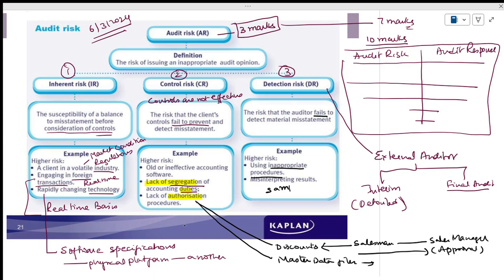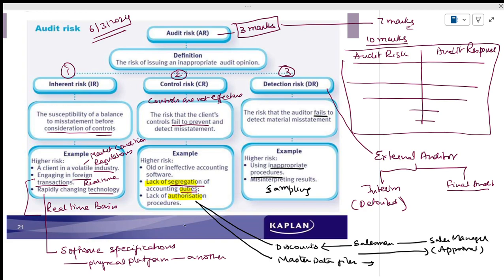If you are doing sampling, you have to do it in the right way. How much you have to do? Then only we can detect material misstatements. We cannot say at any point of time that the errors are zero. An auditor will never say that everything is perfect. In the rarest of the rarest cases it will happen, and sometimes it will never happen. We will cover this.